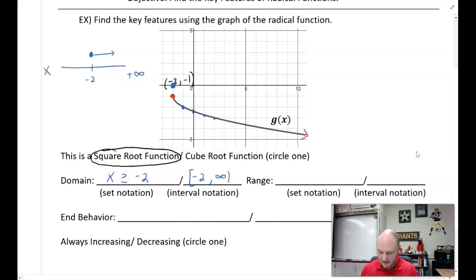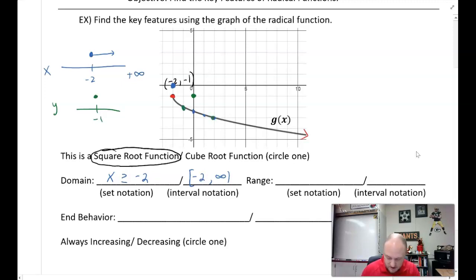All right, our range. Our range is the y values. So our y values start at -1. So again, I can make a number line. I'll place -1. And then our y values, are they going up or are they going down? Are the y values getting bigger or are they getting smaller? Well, this is -2.